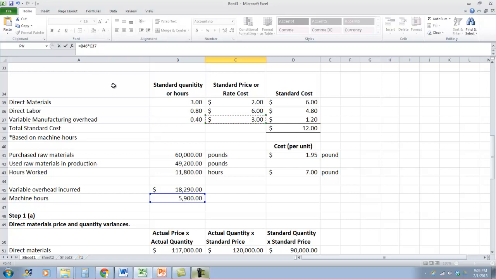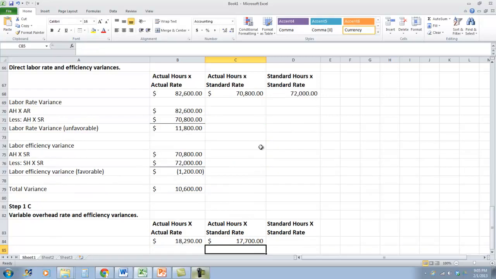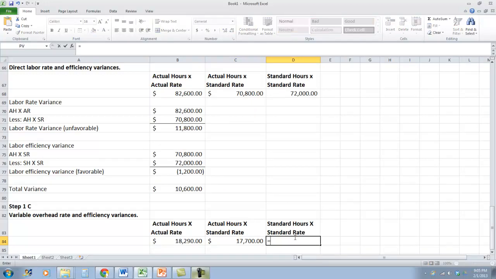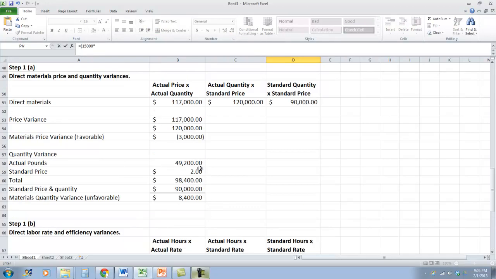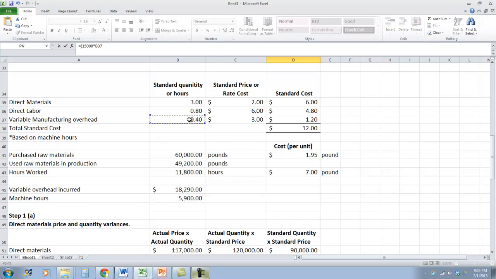And so then our standard hours equals, this is where we have to multiply by the number of pools here, times the standard rate of hours, and then we multiply that by our standard rate of $3.